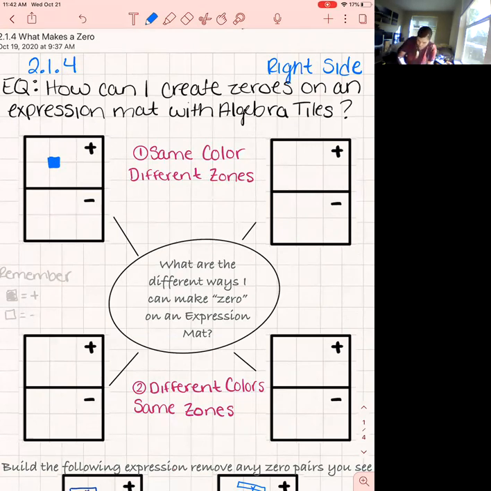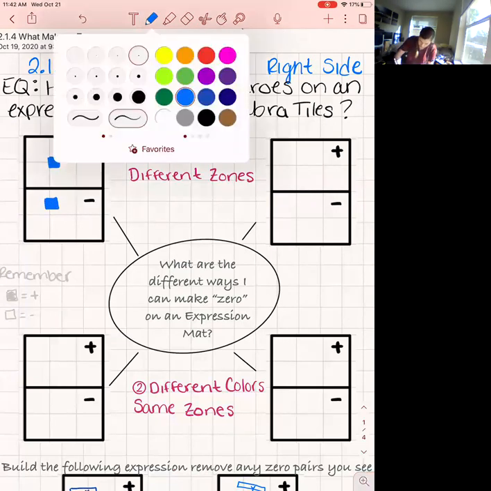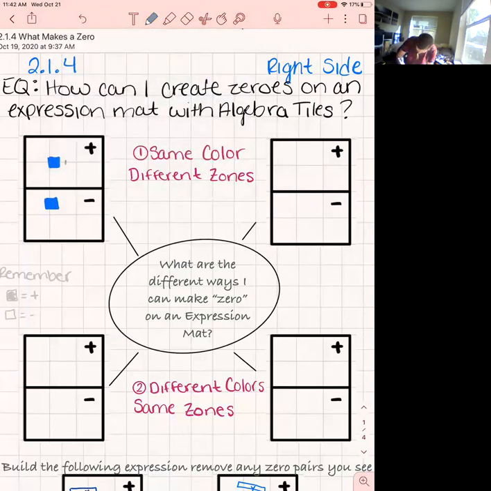And that would create a 0 with another blue tile down in the opposite of zone, because remember, anything down there is the opposite of what it says it is. So if I put a positive tile down there, it is actually a -1. So this represents +1, and this represents -1. Together that makes a 0.